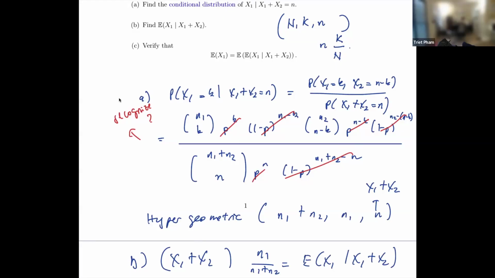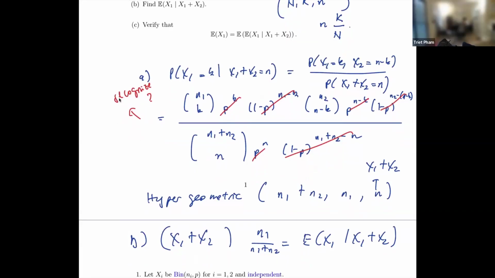So notice the answer is a random variable, not a number, because x1 plus x2 is random. Any question here?